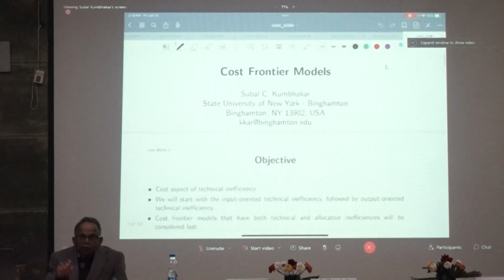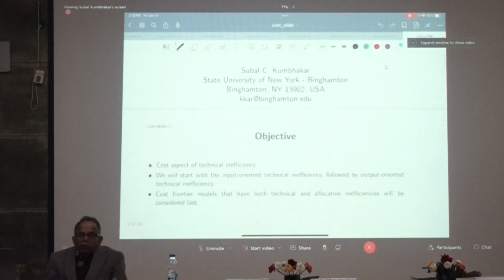So what happened is that when you are thinking in terms of input-oriented measures, it matches with what we call cost minimization. Because what you are doing is you are thinking of reducing your inputs given the output, and that is consistent with what we call cost minimization.